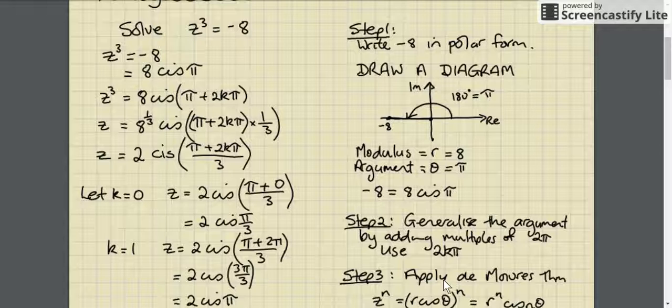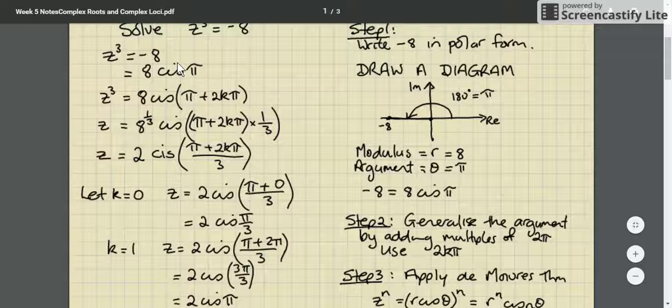And from last week again, De Moivre's theorem tells me that z to the n is equal to r to the n cis n theta. So applying this to our equation, on the left-hand side we've got z cubed equals -8. We've written that in polar form, so it becomes 8 cis pi. We generalize the argument, so this becomes 8 cis pi plus 2k pi.